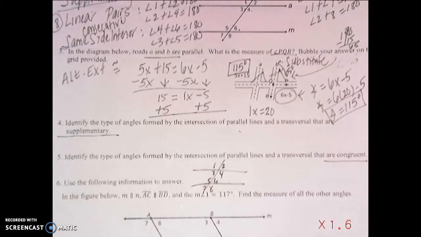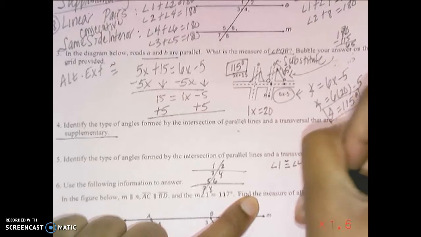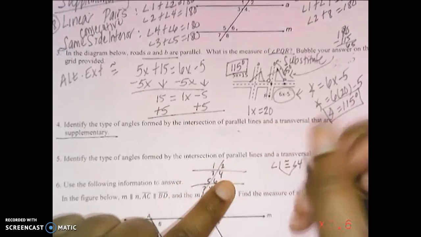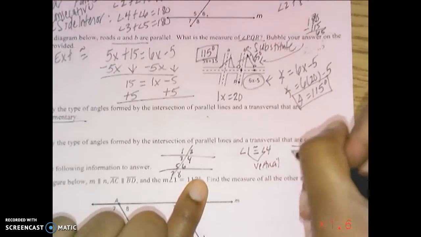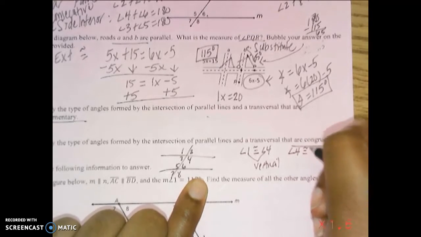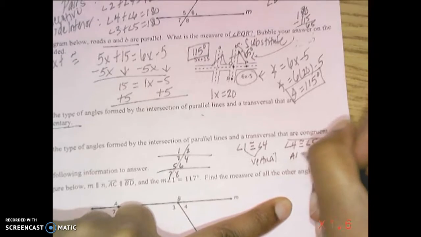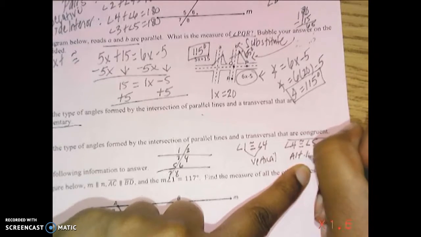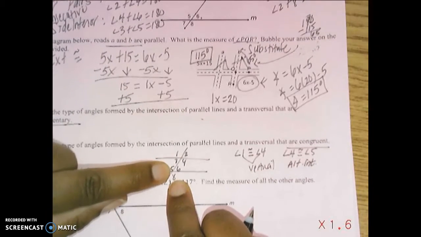Okay, so angle 1 is congruent to angle 4 because in this case they are vertical. Angle 4 is congruent to angle 5 here because they are alternate interior angles. Angle 5 and 8 are also congruent because they are vertical.